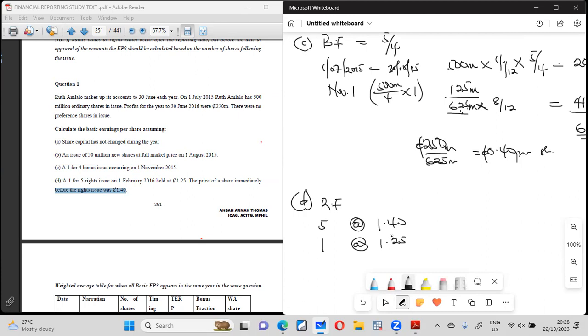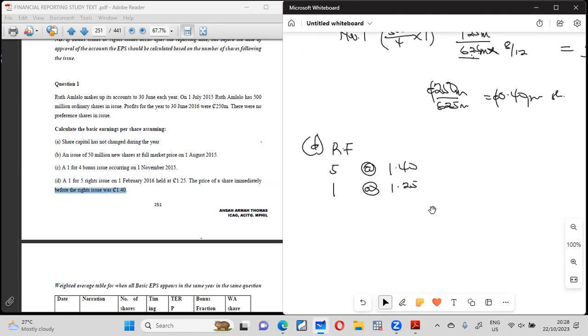I told you that you cannot make a mistake with these two because you know that every rights issue is given below the market price. So there should not be any way you mix that up. All right. So what is the amount here? I know it will be 1.25. Then what about 5 by 1.4?